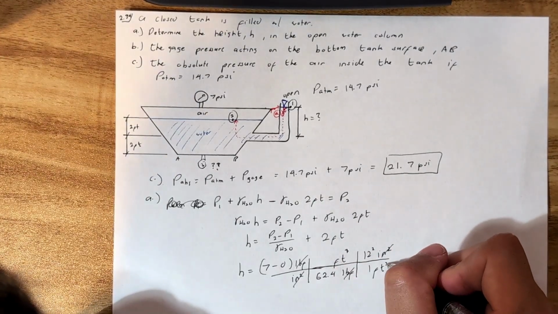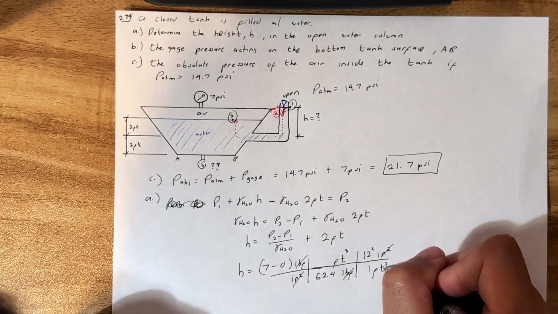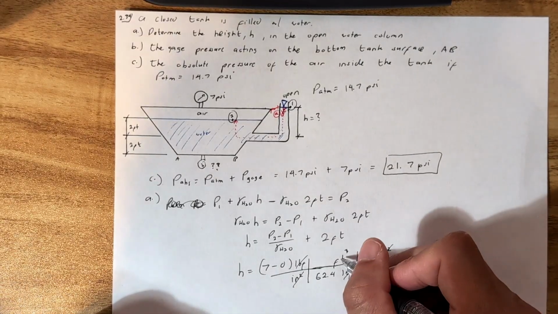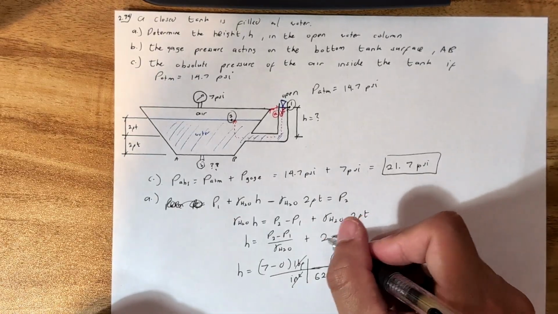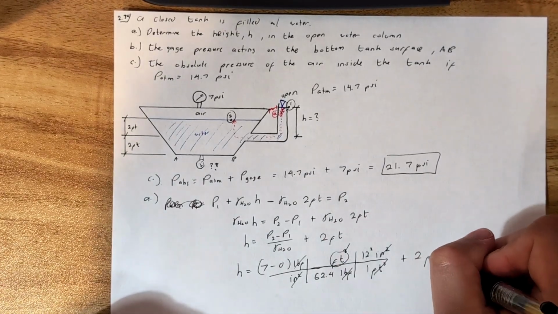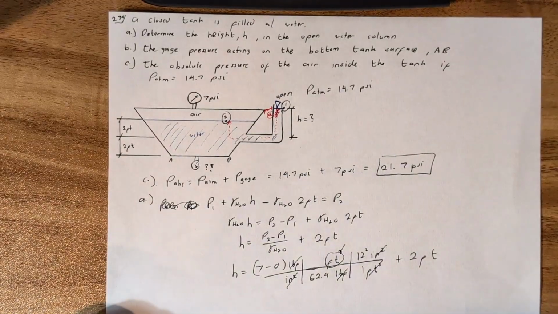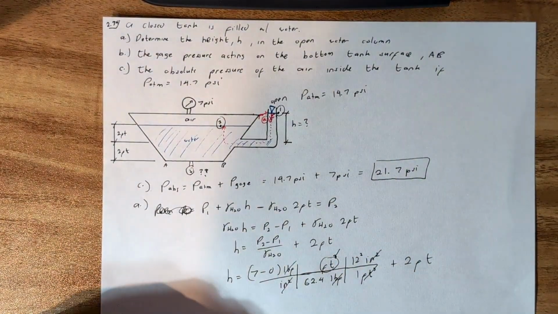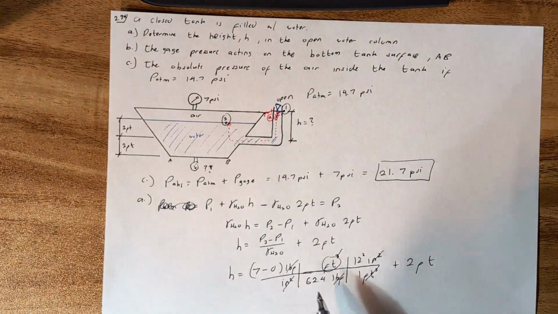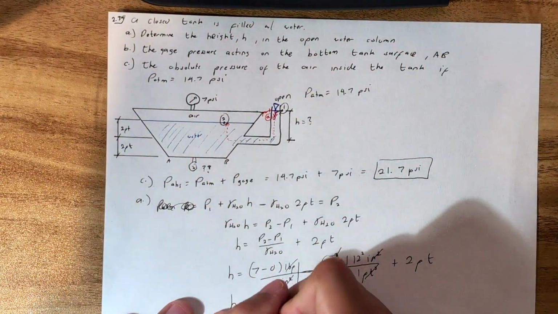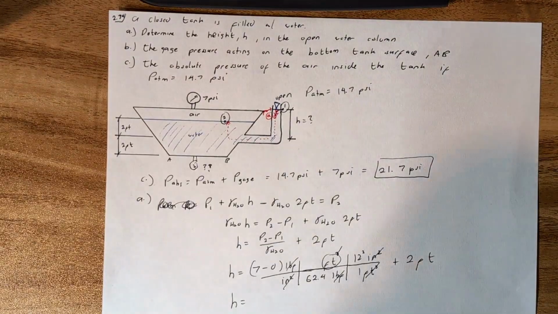That cancels. We have feet squared over here and foot cube over here. That leaves us with feet, which is what we want. Plus, don't forget this term right here, which is 2 feet. And then now we have our units clear. Usually your teacher will want you to show all the units. And now it's just algebra at this point.